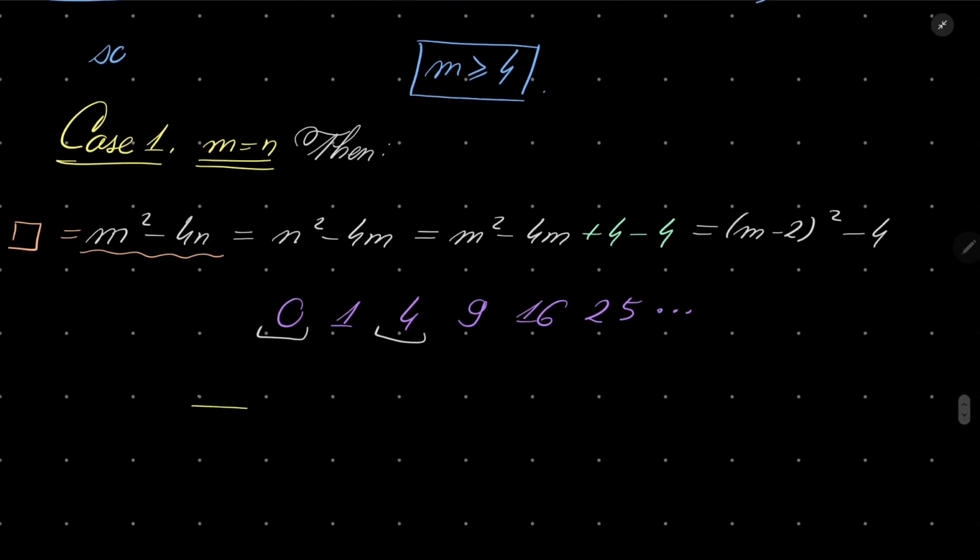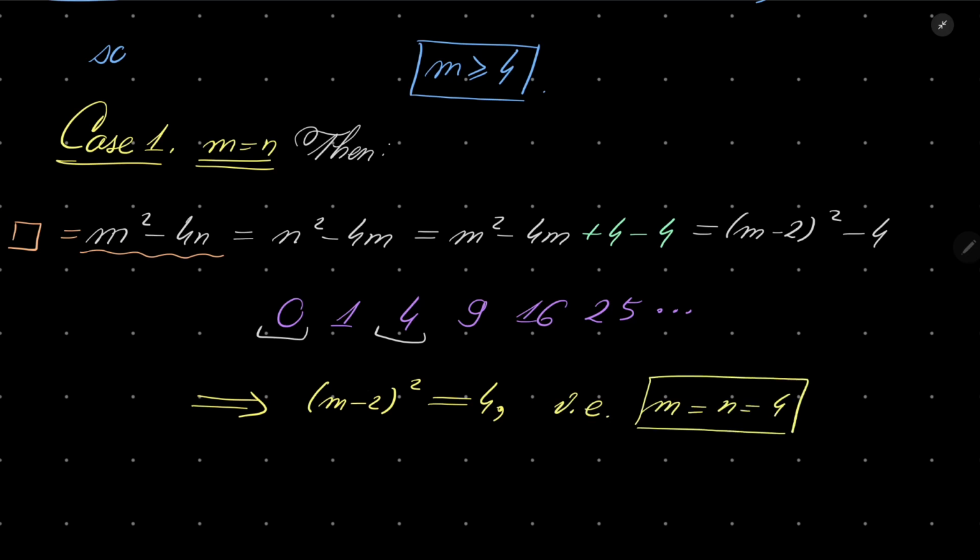So that means that (m minus 2) squared must be equal to 4, and the other square is 0. When does it happen? Well, that happens when m equals n equals 4. So now we have one pair of solutions: m equals n equals 4.